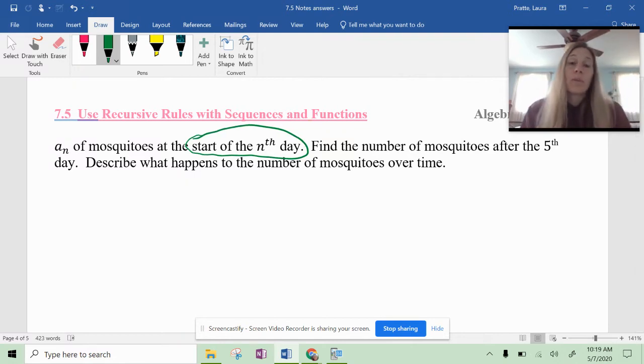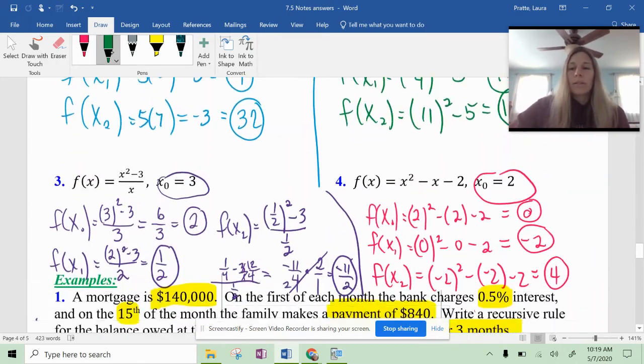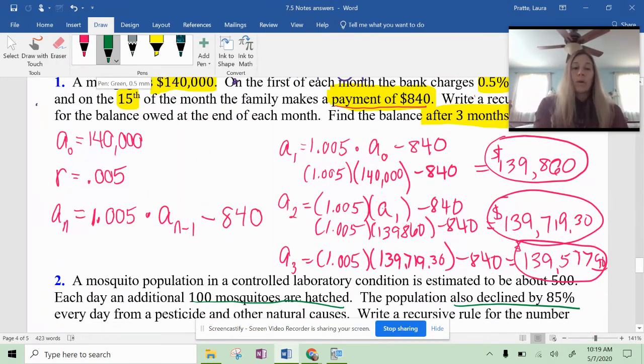So last time we used a sub 0 as that starting point because we were at the end of 1 month, that was a sub 1. If we scroll back for a second, my 140 was a sub 0 because that was the beginning of the first month. And then I used a sub 1, a sub 2, and a sub 3 to indicate the end of month 1, the end of month 2, the end of month 3.